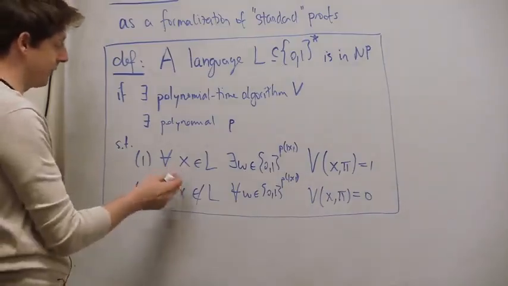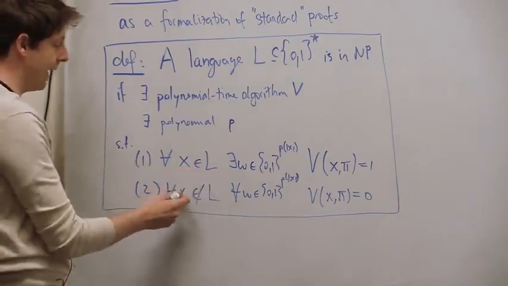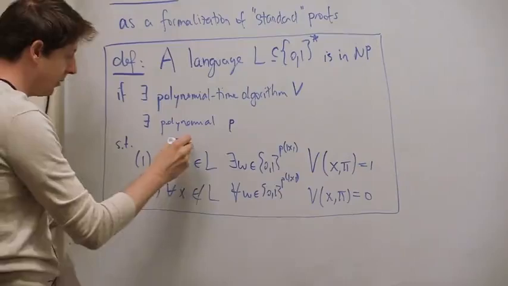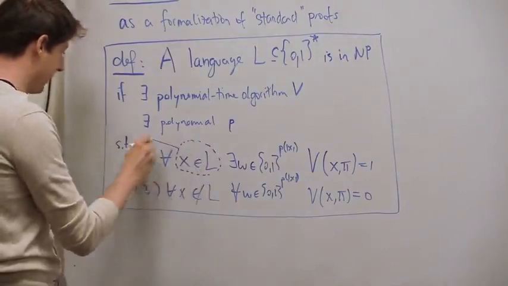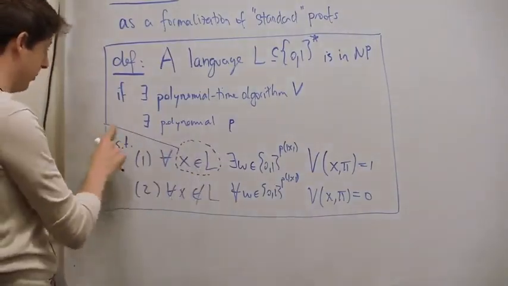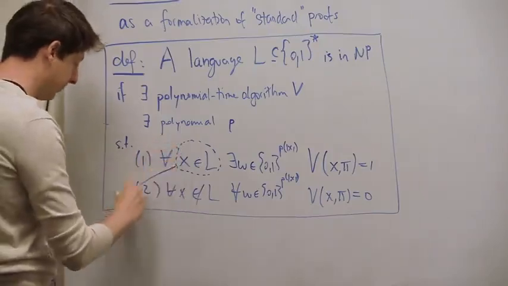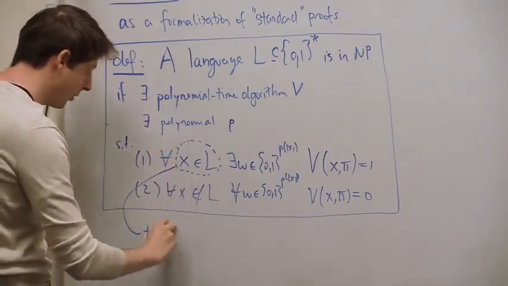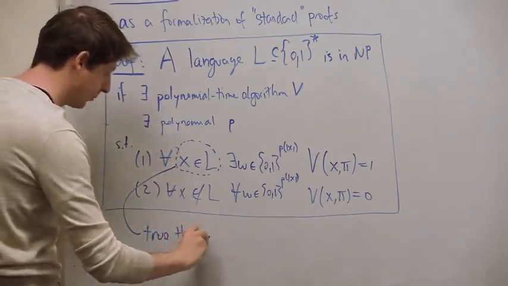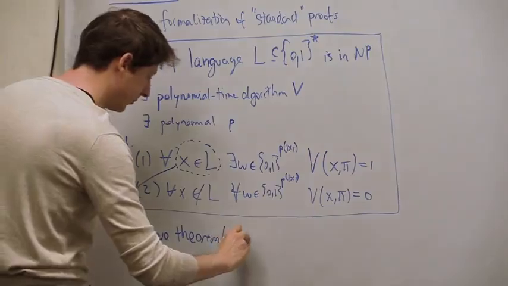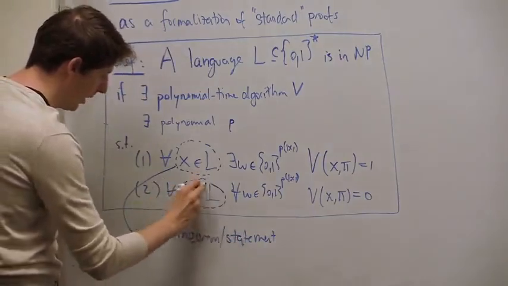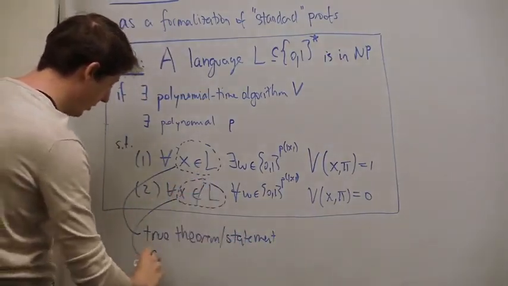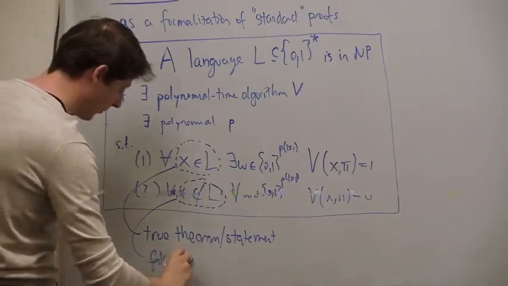Well, I have an x, and I'm wondering whether x is in L or x is not in L. The statement x is in L, I can interpret as a true theorem or statement, whereas saying that x is not in L, I can interpret as a false theorem or statement.